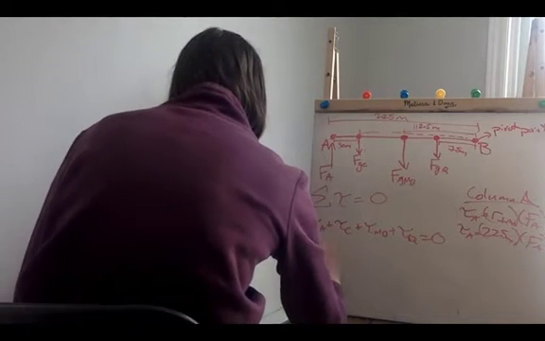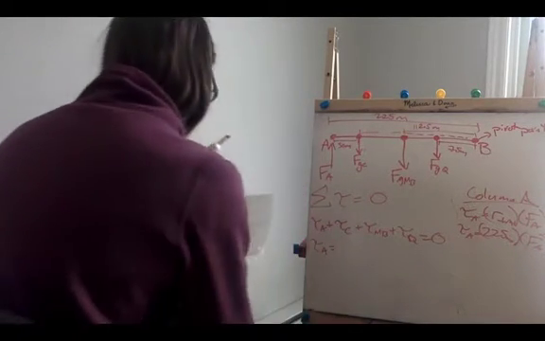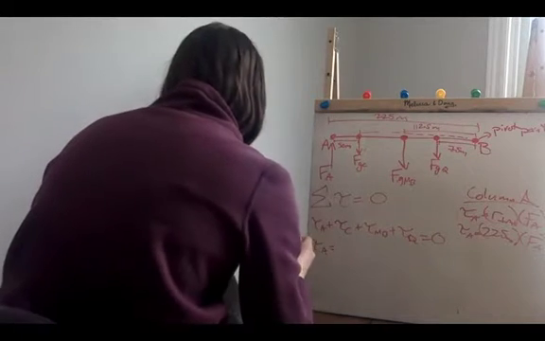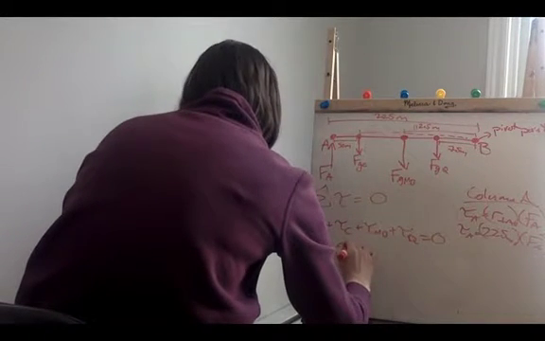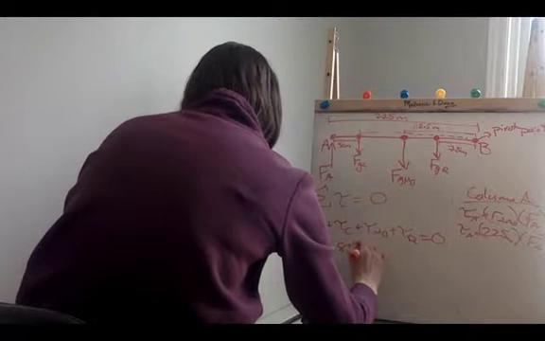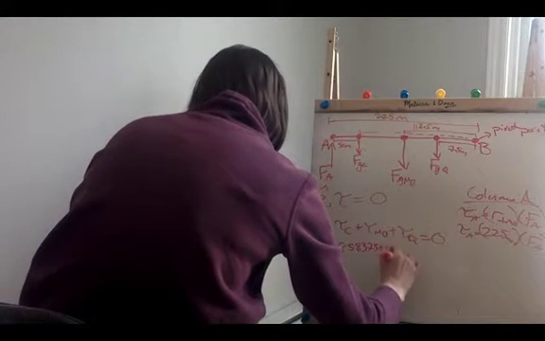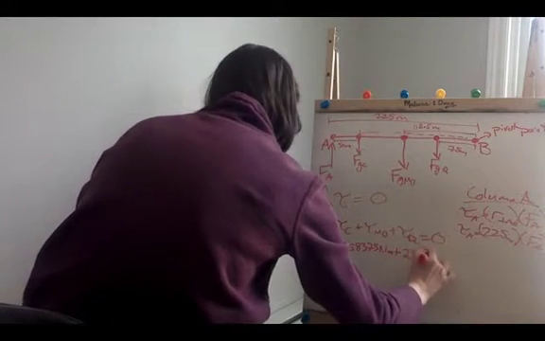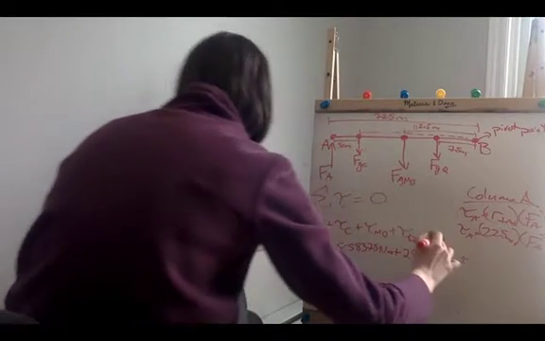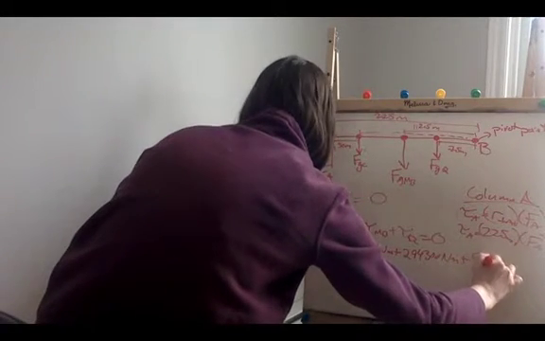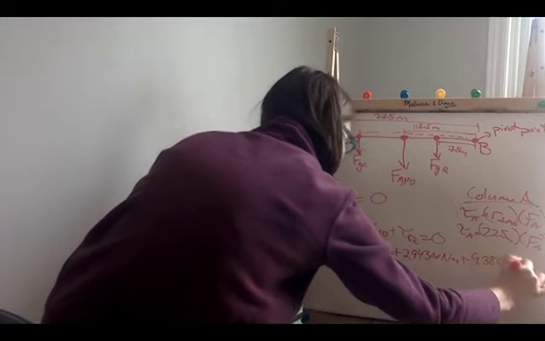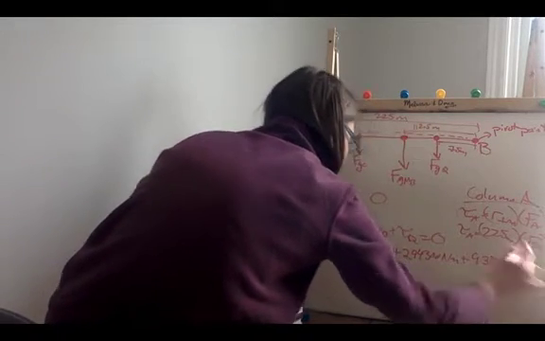So our torque for column A will end up equaling 85,835 Newton meters plus 294,300 Newton meters, and then plus 9,380,812.5 Newton meters.